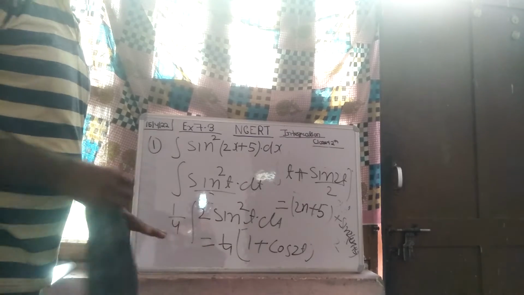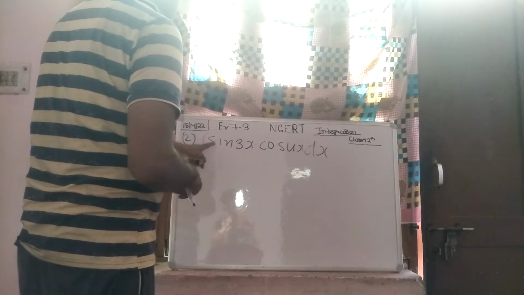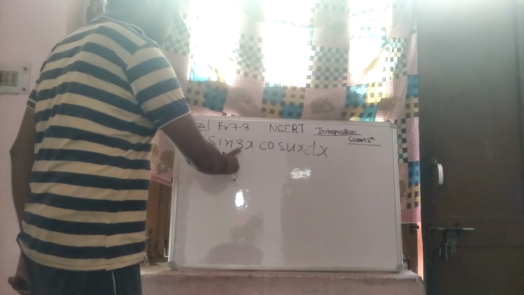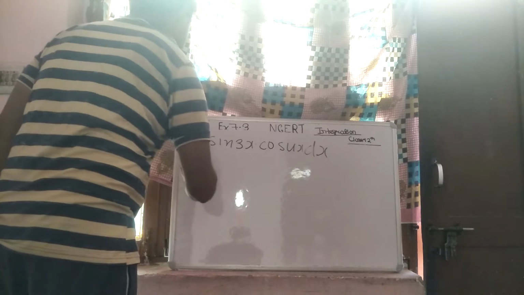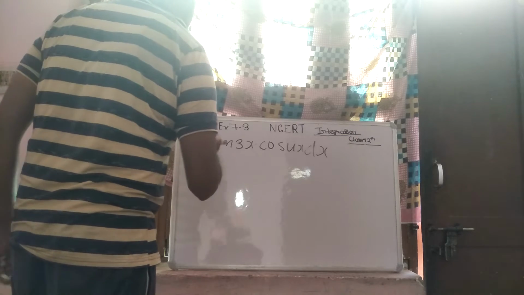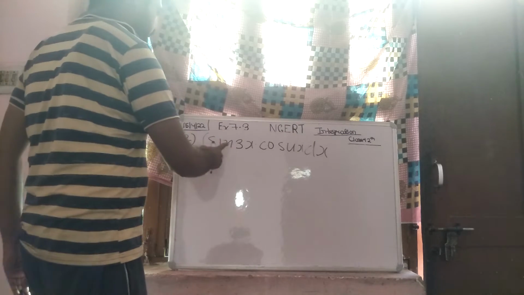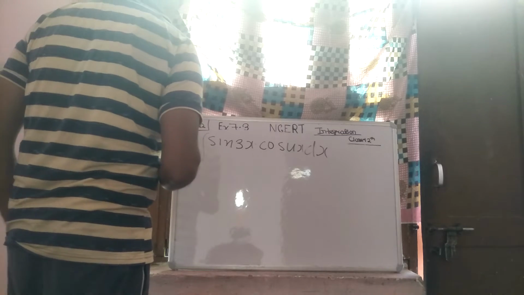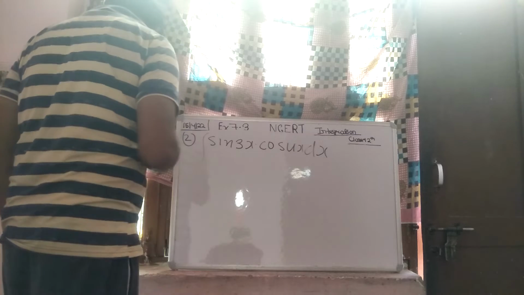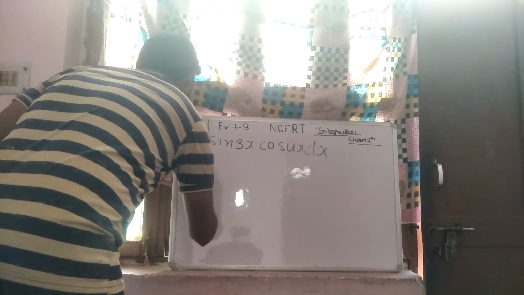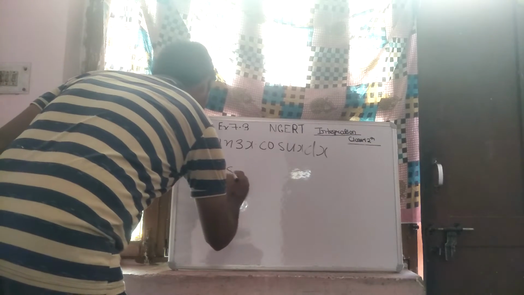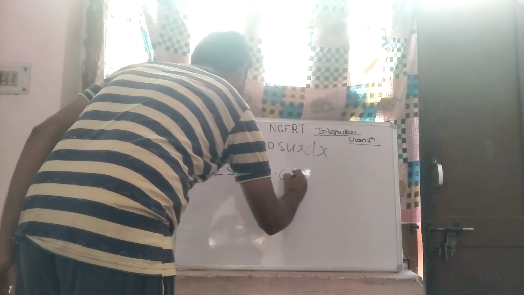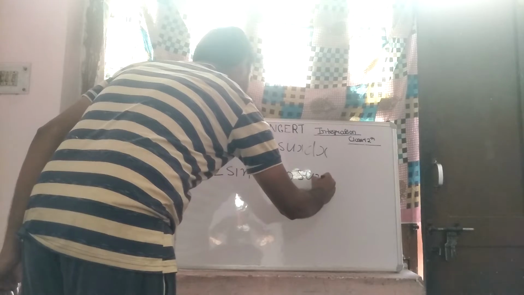The first question is complete. The second question is question number 2 of exercise 7.3: sin 3x and cos 4x. We have no direct formula, so we have to change the product into an addition term with the help of trigonometric formulas. Next, this is 1 upon 2 times 2 sin 3x into cos 4x.